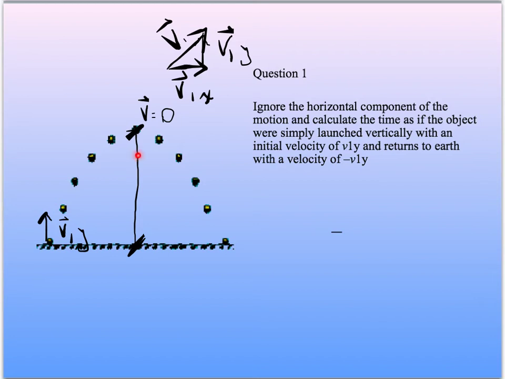So after 1 second, you're going 10. After 2 seconds, you're going 20 meters per second. After that third second, you're going 30 again, but in the opposite direction. So v2y then equals negative v1y.